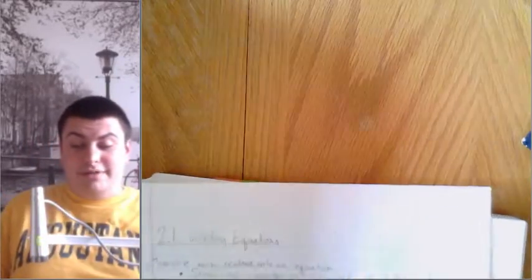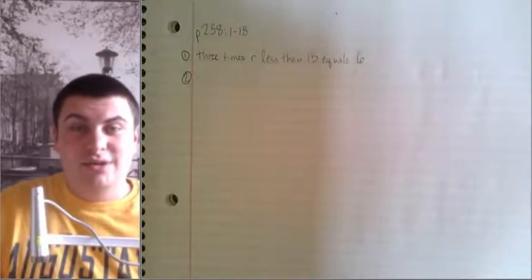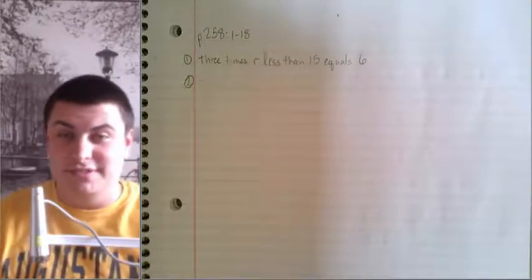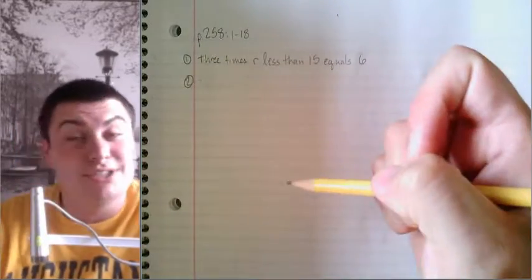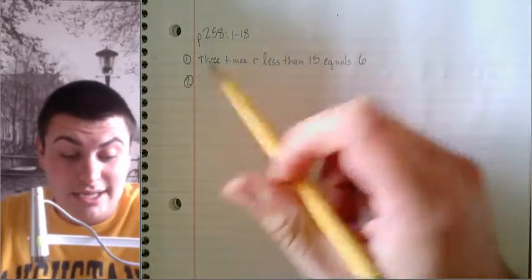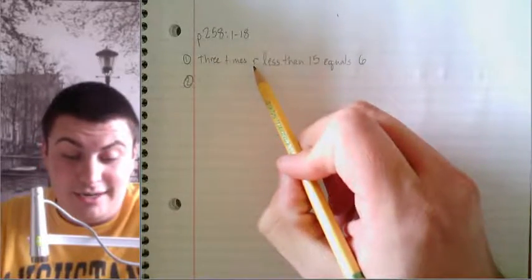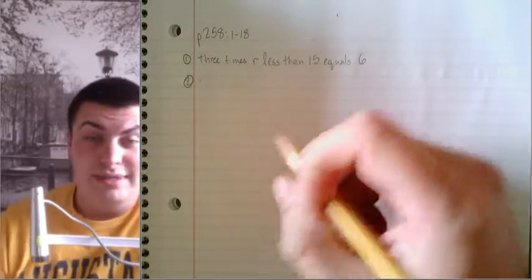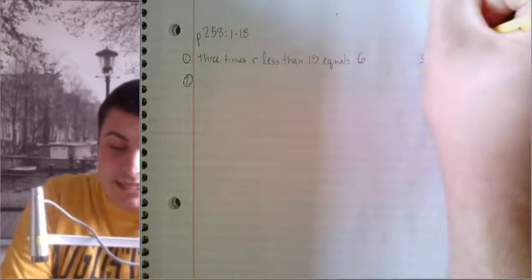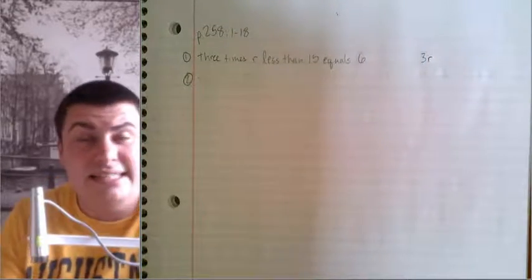For our homework, our practice problems, we're looking at page 258, 1 through 18. We look at number 1. Our directions say to translate each into a sentence. So it says 3 times r less than 15 equals 6. So 3 times r, let's just start with that. 3 times r less than 15.